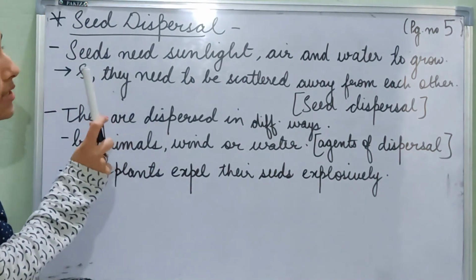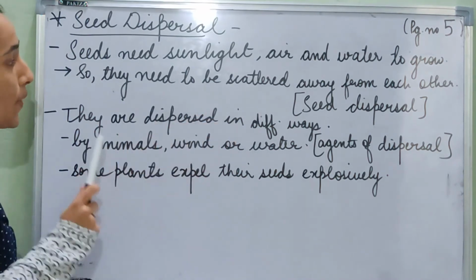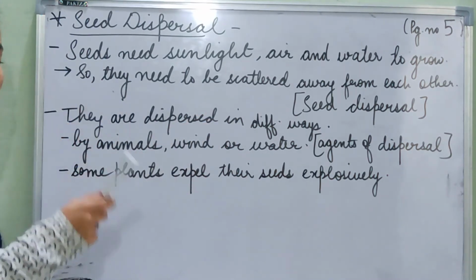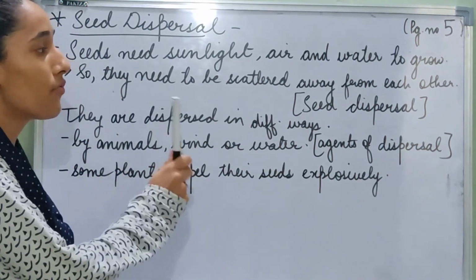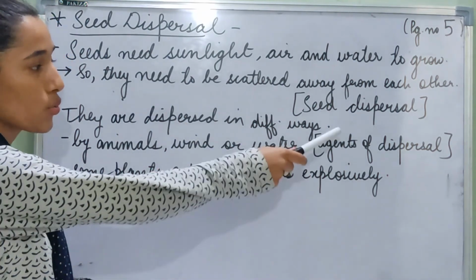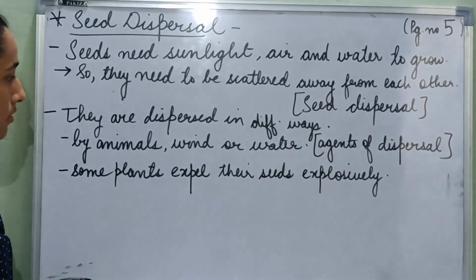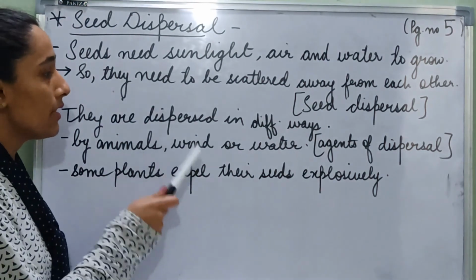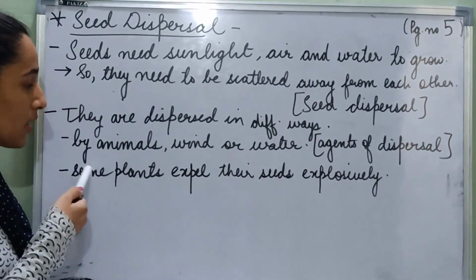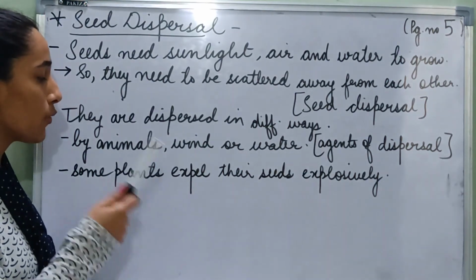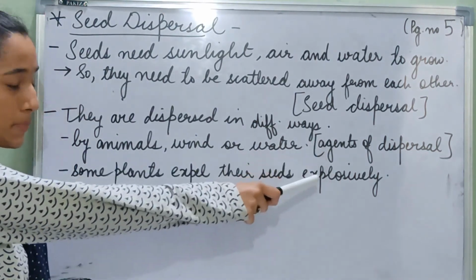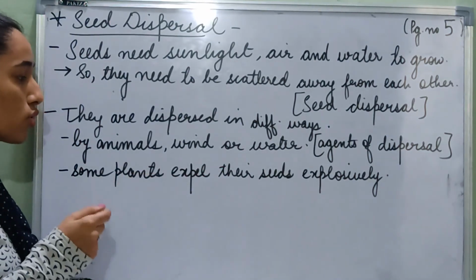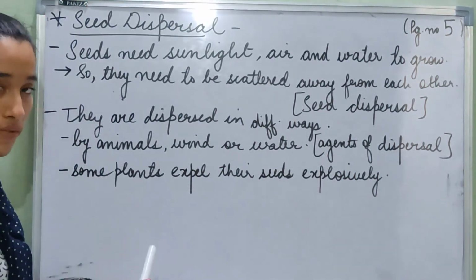Seeds need adequate sunlight, air and water to grow, so they need to be scattered far away from each other. The process in which seeds are scattered far away from the parent plant is known as seed dispersal. They are carried away by animals, wind or water, called agents of dispersal, and some plants also expel their seeds explosively.